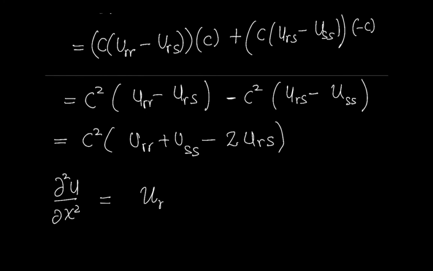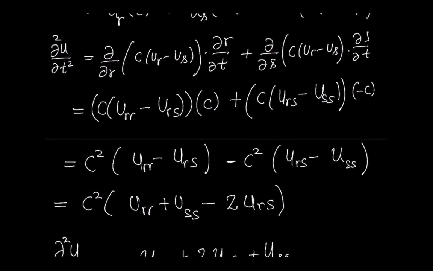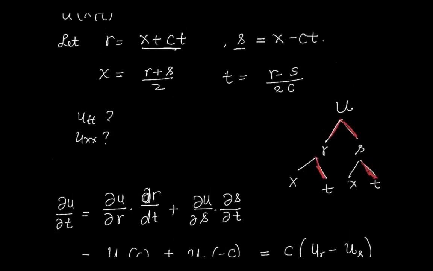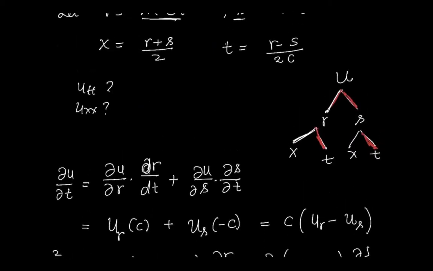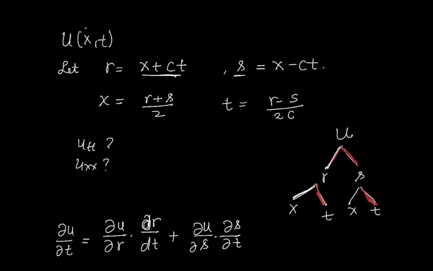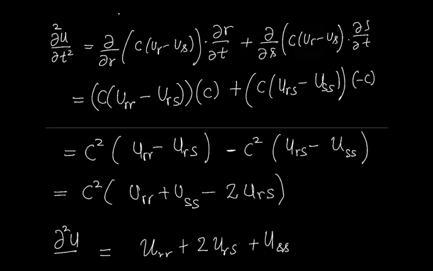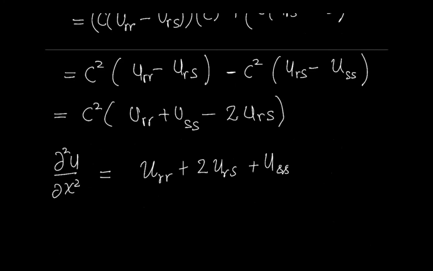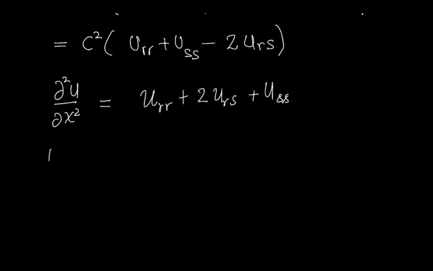It's going to be u r r plus 2 times u r s plus u s s. Because first you go from u to r and r to x, and the derivative of r with respect to x is just 1. So it's even easier, you're not going to get a c. But if you repeat all these calculations, you will get to that.